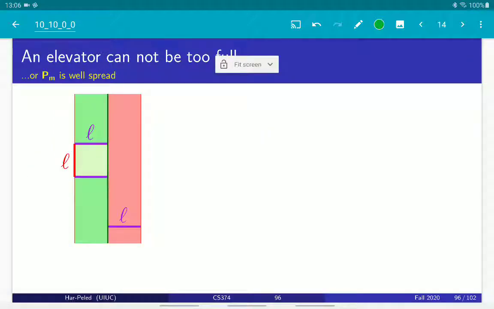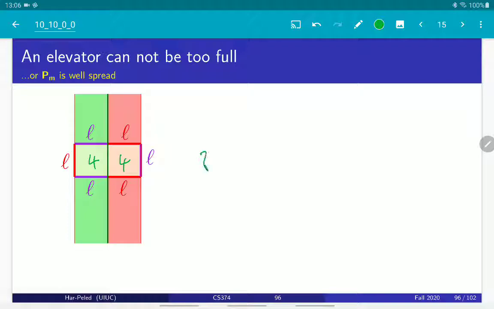And now we are going to replicate this square on both sides. And I'm going to call this rectangle an elevator, right? And the idea is that you can have at most 4 points on the left side, and at most 4 points on the right side, because the same argument applies to the right side of the elevator. So an elevator can contain at most 8 points, right?